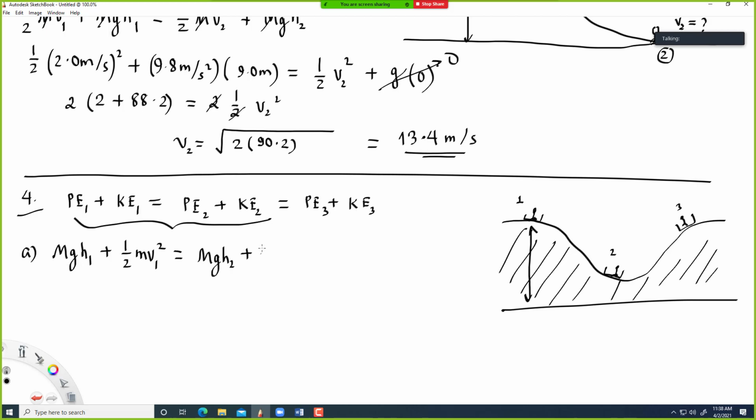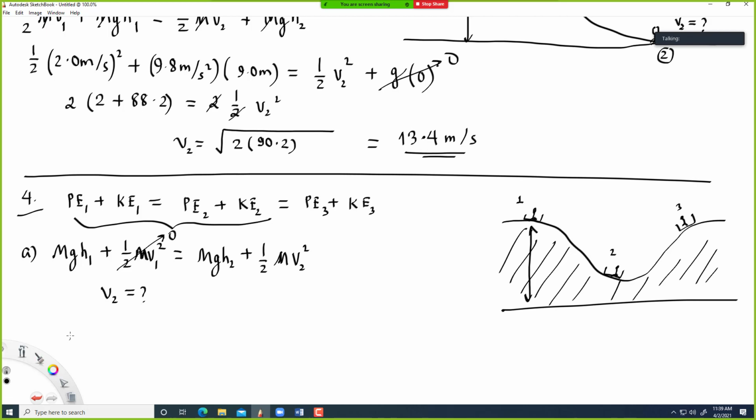Kinetic energy at 2 is 1/2 M v2 squared, let's write uppercase M. So we want to find v2. And it says that at 1, the roller coaster starts at rest. So that means v1 is 0. Starting at rest. So we want to find v2.